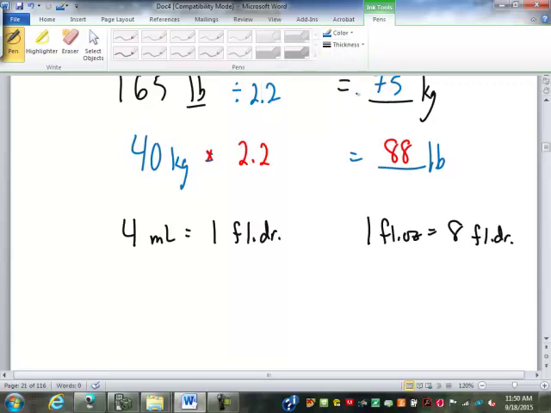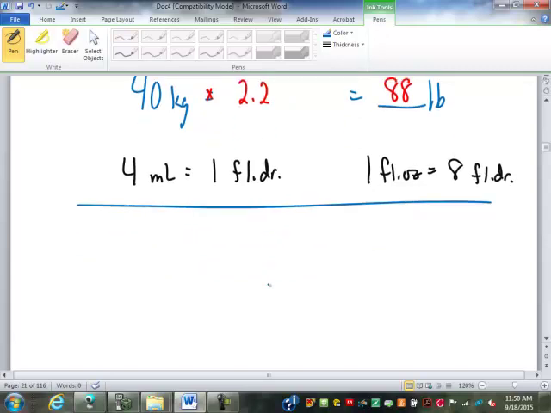Now, I mentioned minims and grains earlier. In our earlier discussion, we said minims and grains were part of the standard measuring system. But because they were used so much in medicine, they were absorbed into the metric system for medical purposes because they just couldn't get rid of them.